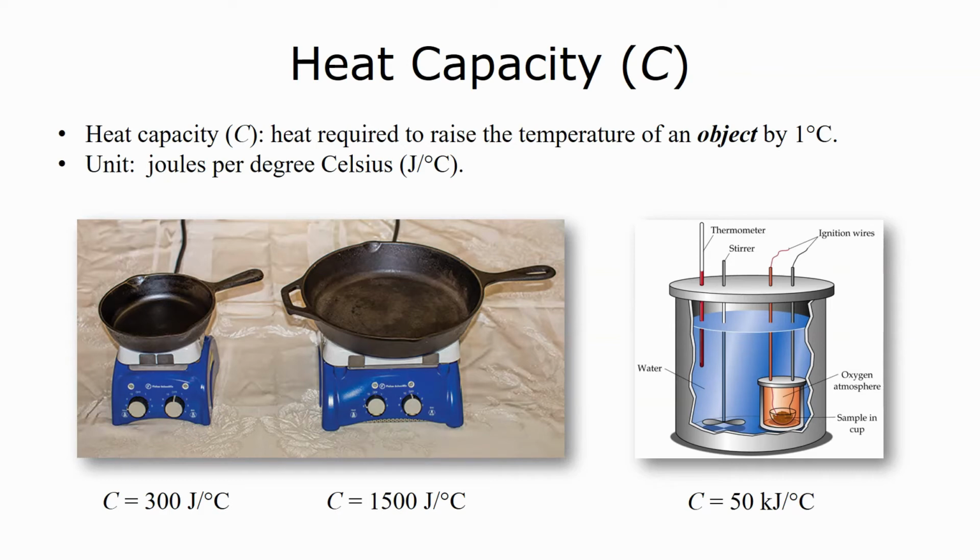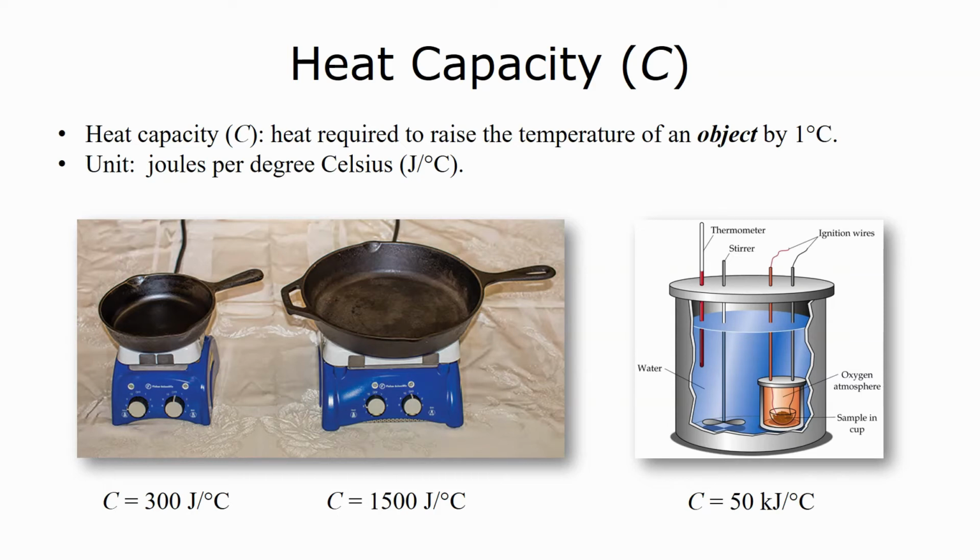So for instance, if we have this small skillet, which has a heat capacity of 300 joules per degree Celsius, we would need 300 joules in order to raise its temperature 1 degree. Compare this to this larger skillet, which has a heat capacity of 1500 joules per degree Celsius. If we wanted to raise the temperature of the skillet, say 4 degrees Celsius, we would need 6,000 joules.